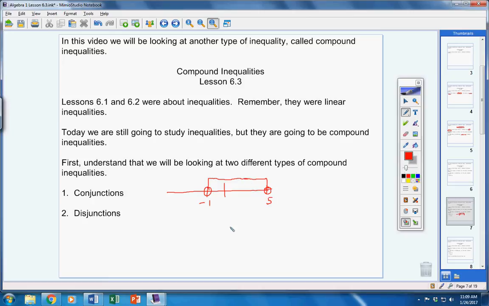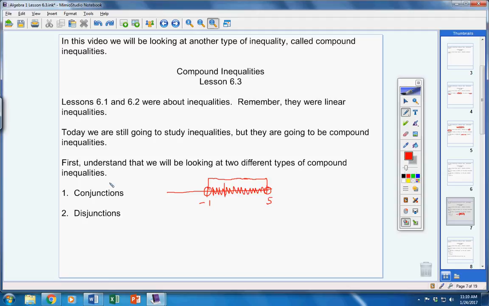So when you graph a conjunction, it's going to be a region like this, bound between two numbers. One of the points might be closed. They both might be closed. Or they both might be open. It doesn't matter. But a conjunction will look like this. It'll be a set region, a set of numbers bound by two numbers on the outside.